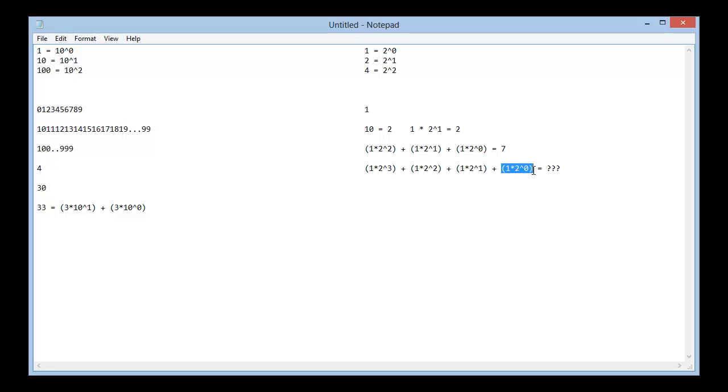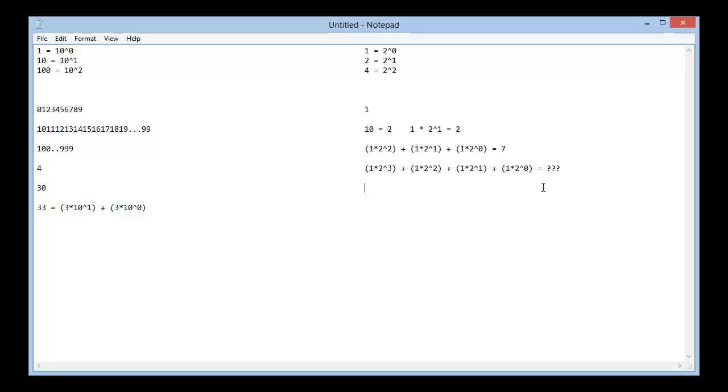1 times 2 to the 0, we all know this, 1. 1 times 2 to the 1, 2. 1 times 2 to the 2, 4. 1 times 2 to the 3. I don't have 2 to the 3 written here. So what is 2 to the 3? Remember, and this is for you kids who haven't actually learned powers yet.